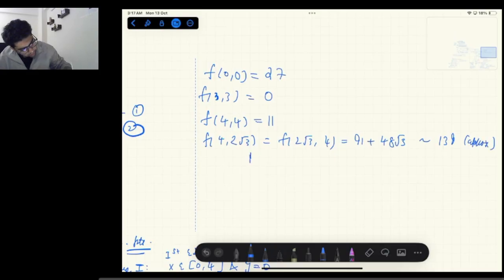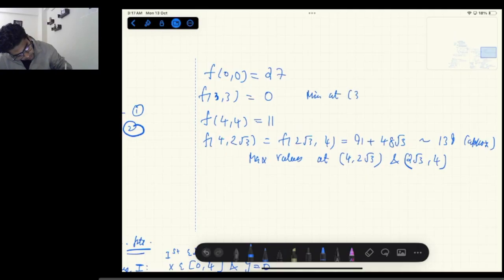So this will be the max values at 4 comma 2 root 3 and 2 root 3 comma 4, min at 3 comma 3, right? So if I just check my answer, second question, part A.